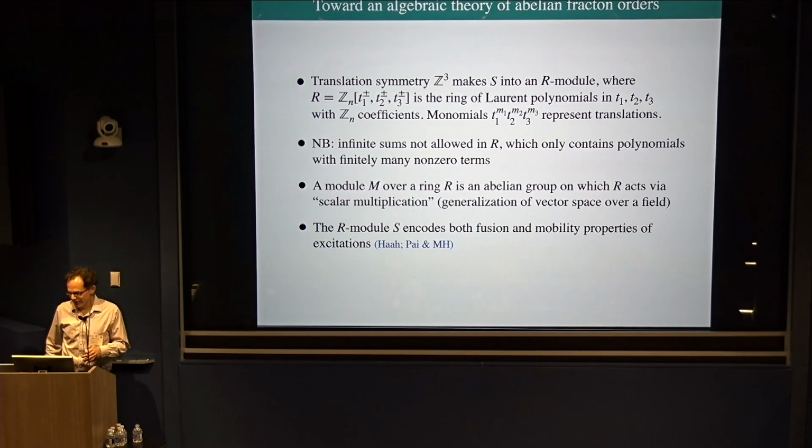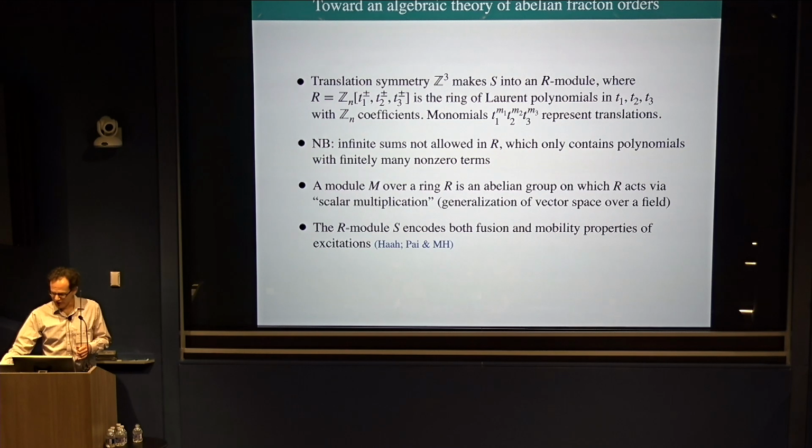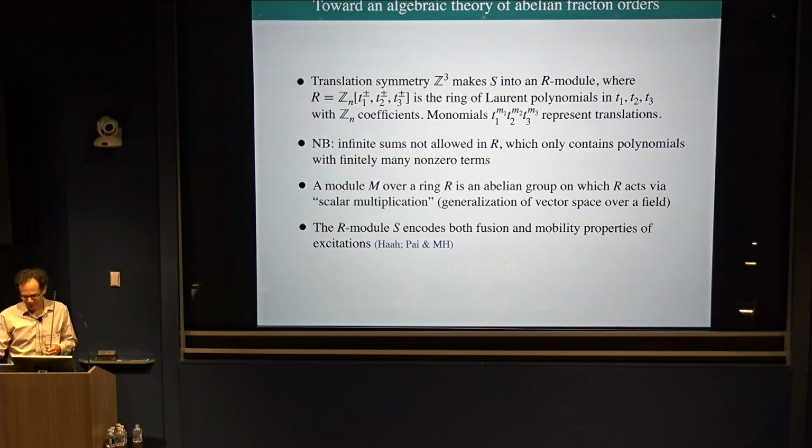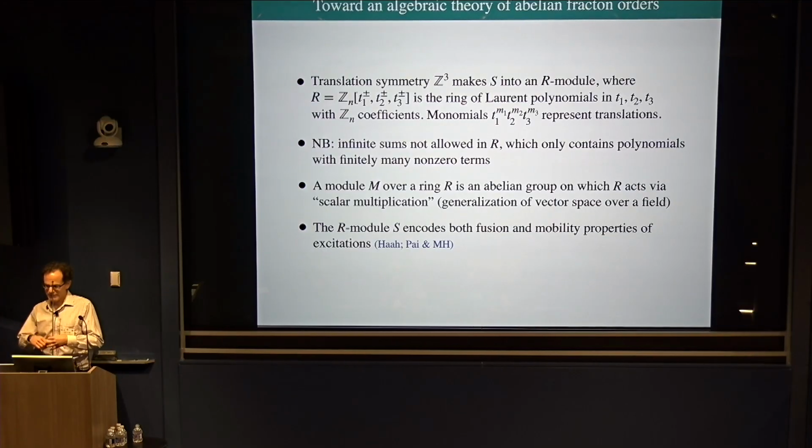I also won't have time to explain everything as I go, but I think I've kept this language to a minimum in this talk. What I would say is any example can be understood without using this mathematical language, but it really is the right language to understand anything in general. If you don't use this nice language, then you're making your life harder than it needs to be. Things become very cumbersome.